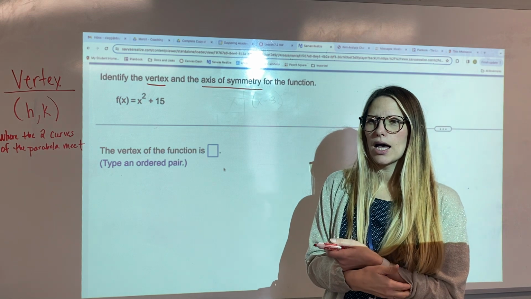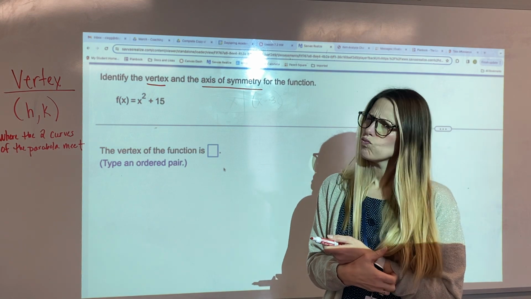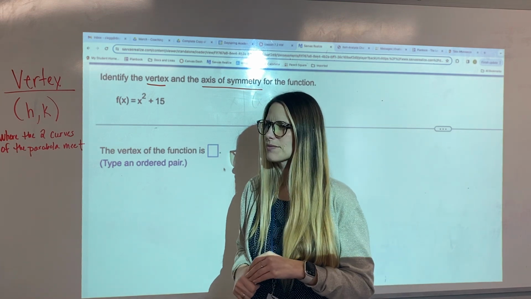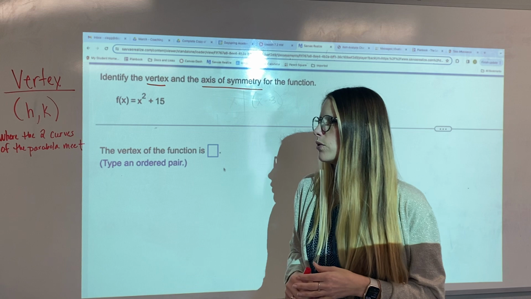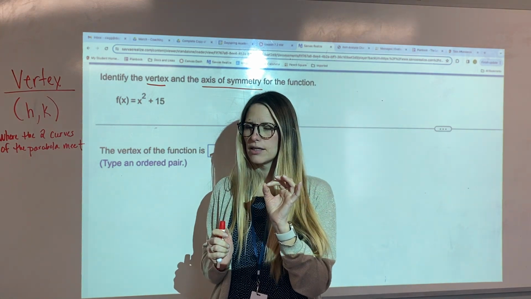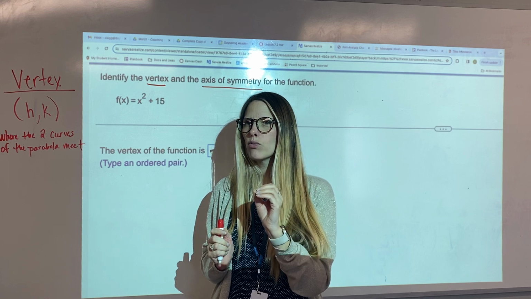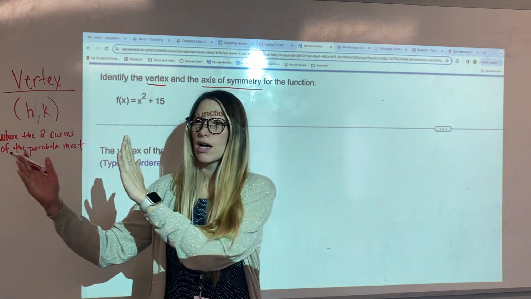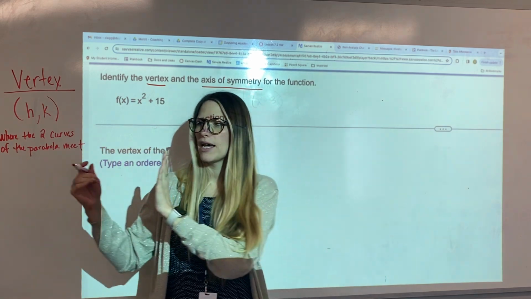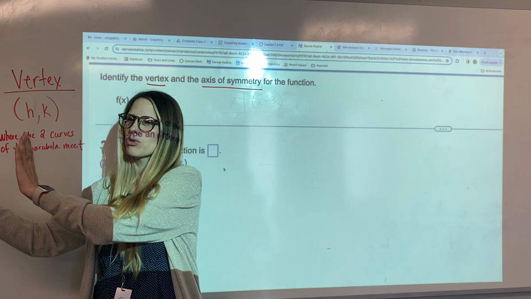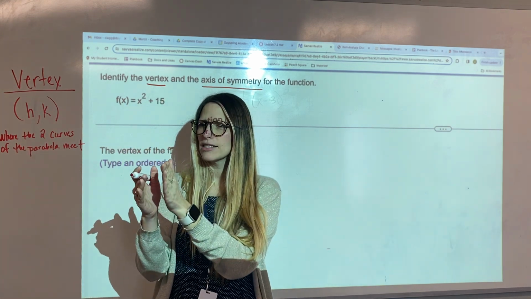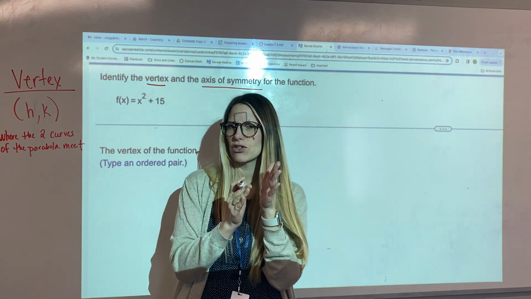Or the opposite of the base. Okay. There's a phrase that I've been using to describe the vertex, and I use it when I'm describing the behavior of the parabola reading it from left to right. I'm saying, the parabola is decreasing over this interval, then it has a blank, and then it starts increasing.